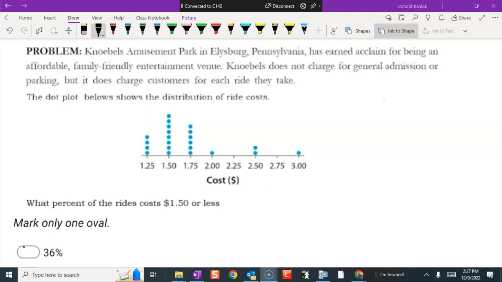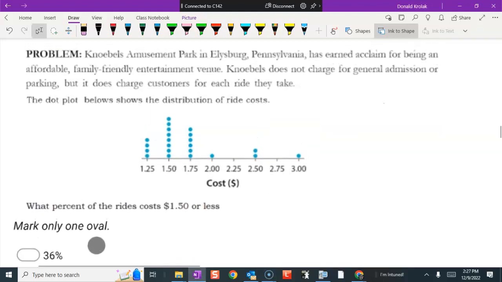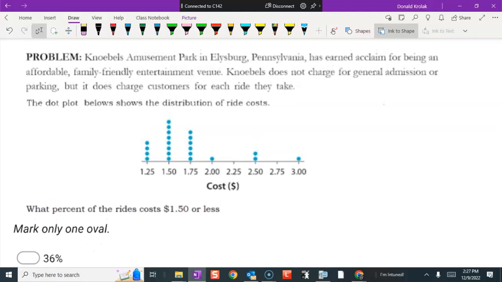Okay, Nobles Amusement Park in Ellisburg, Pennsylvania has earned acclaim for being an affordable family-friendly entertainment venue. Nobles does not charge for general admission or parking, but it does charge customers for each ride they take. Dot plot shows the distribution of ride costs. What percent of the rides cost $1.50 or less? All right, so to figure that out, you're going to first get how many rides they have.